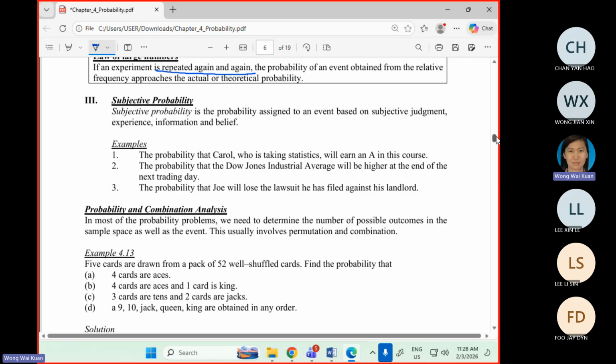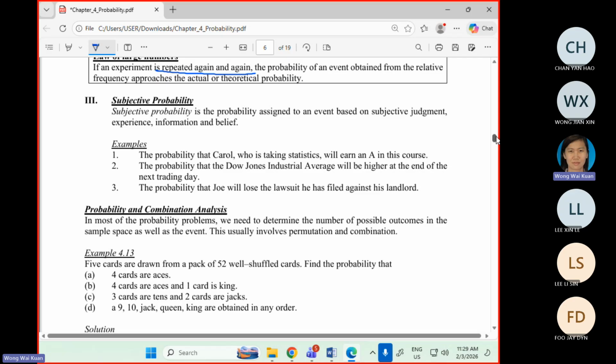This depends on her history of subjects taken, right? Then what about our Dow Jones Industrial Average? Will it be higher at the end of the next trading day? What about the probability that Joe will lose the lawsuit that he filed against his landlord? All of this probability is very subjective. People will tell you chances are very low or very high.